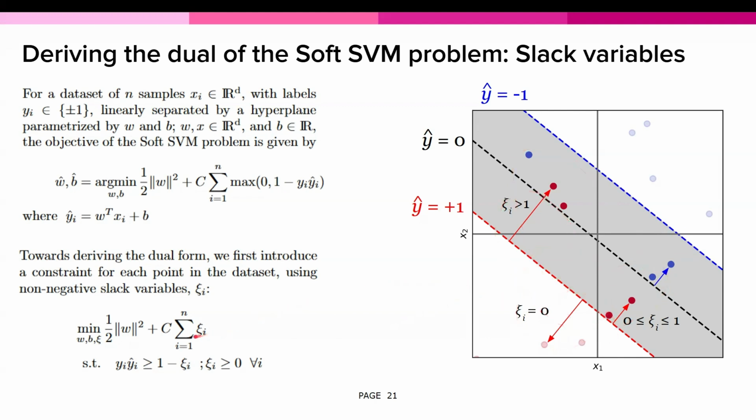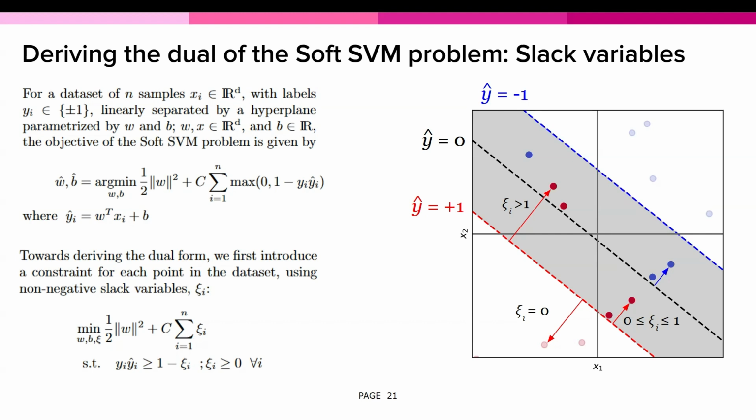So these are our slack variables. Then we introduce a set of constraints that the linear predictor associated with each point, adjusted by the true class label, is no less than this amount, 1 minus xi. And also, in order for this to be meaningful, the slack variables are non-negative. I completely acknowledge that this seems overly complicated because we took an unconstrained problem that we could optimize, and then made it constrained.